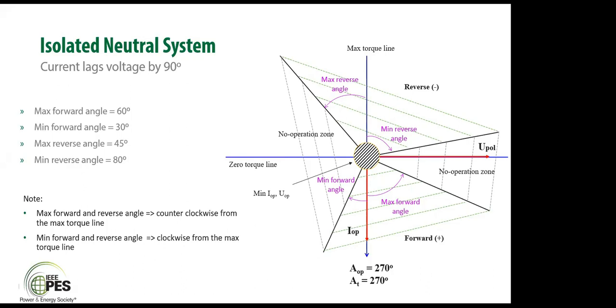So that's one simple example of an isolated neutral system. As I mentioned before, in an isolated neutral system, the fault current will be at 90 degrees with respect to the polarizing voltage.